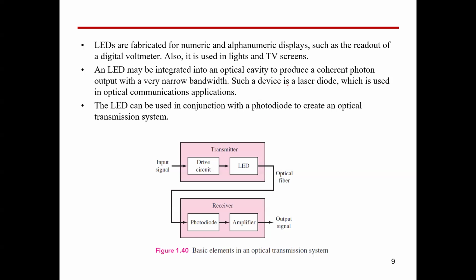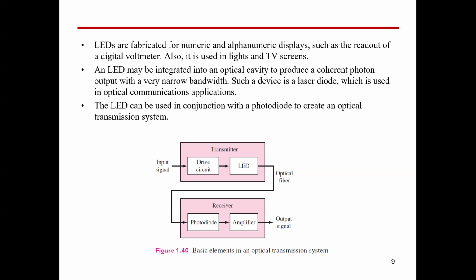Such a device is a laser diode, which is used in optical communication applications. So once you have narrow bandwidth, this means you can move this light over long distances. So for that, we use it in laser applications.